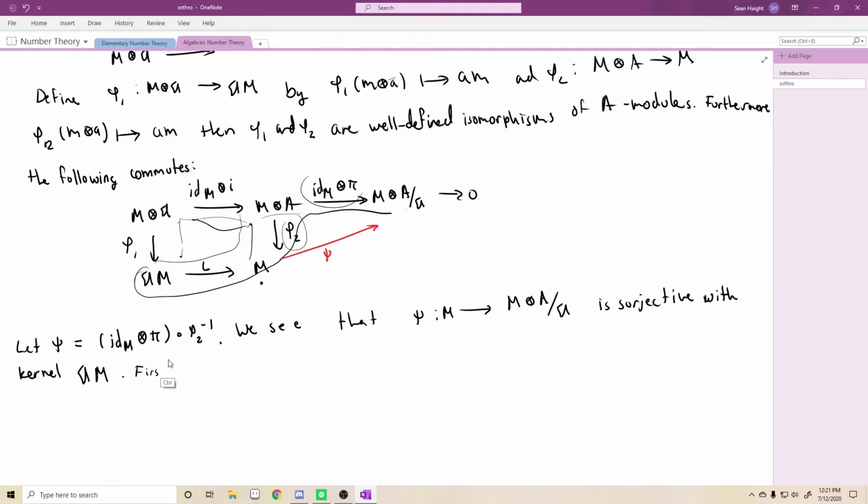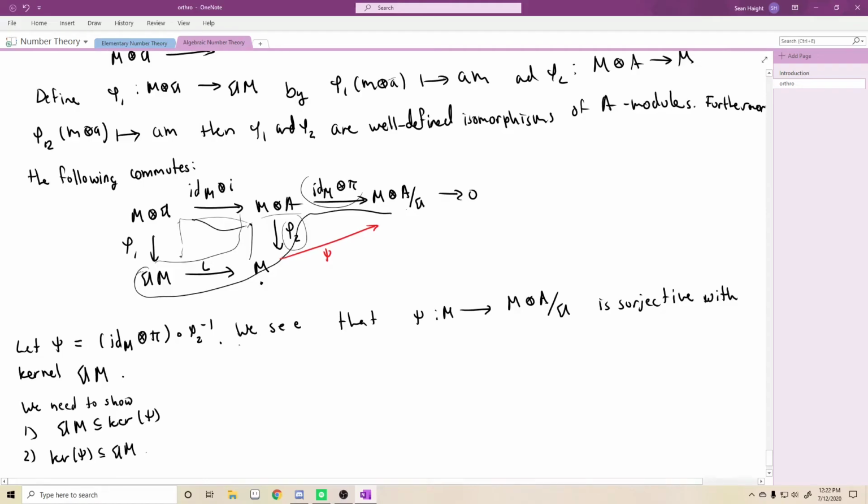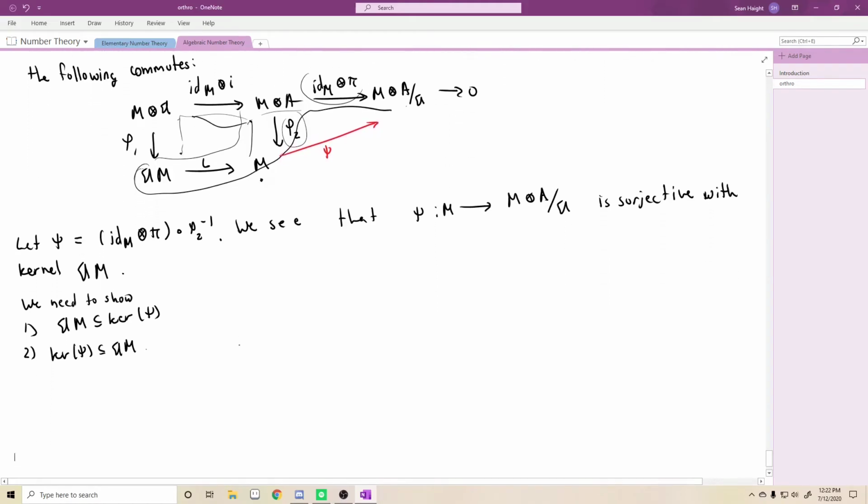We need to show two things. We need to show that this thing is contained in the kernel, and two, we need to show that the kernel is contained in that guy. Okay. So let's go ahead and try to prove one.